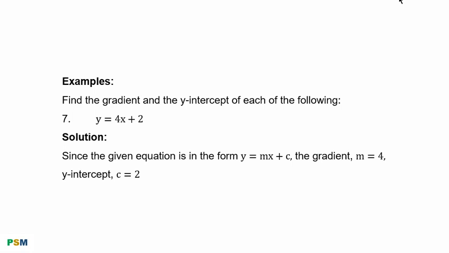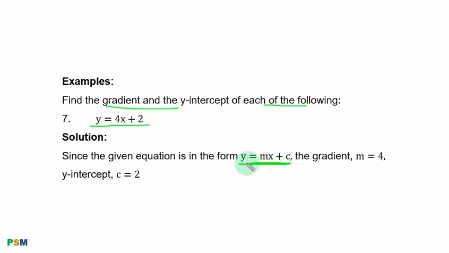Examples: find the gradient and y-intercept of each of the following. Number 7, y equals 4x plus 2. In order to find the gradient and y-intercept, the given equation must be written in this form.